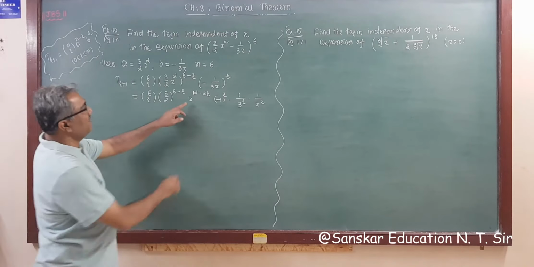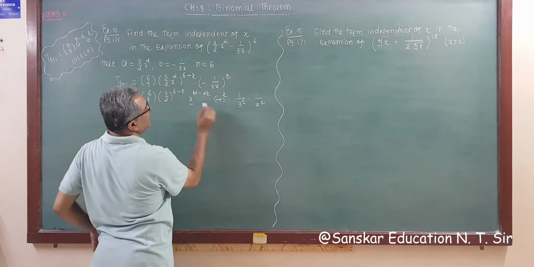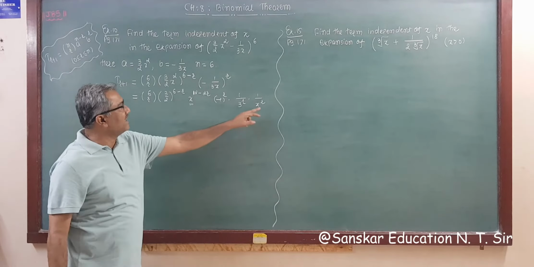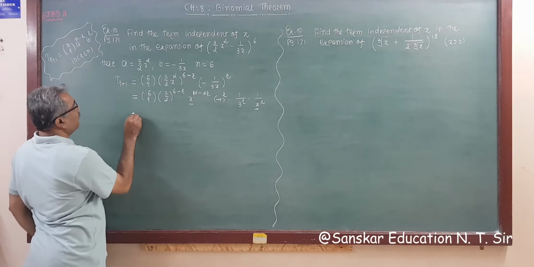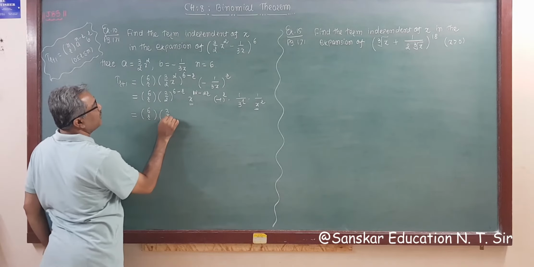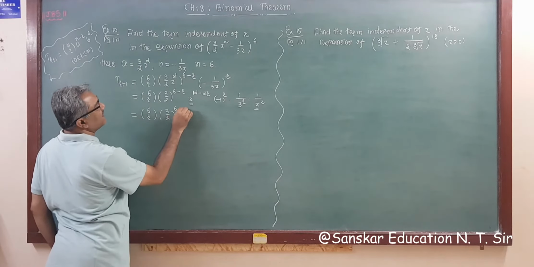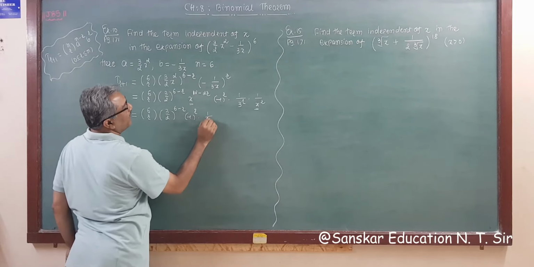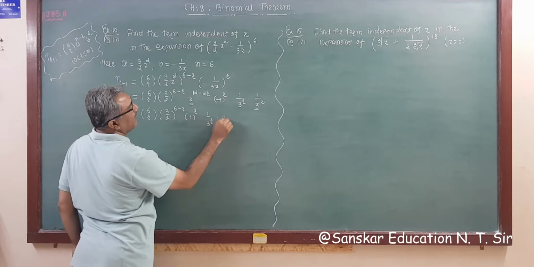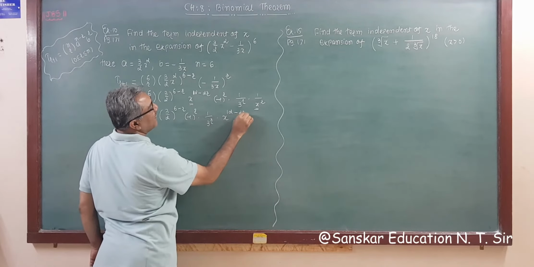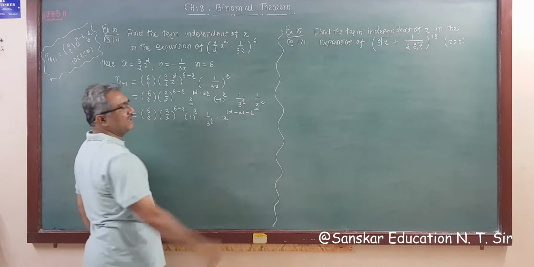Now this x and this x have the same base, so taking this power to the numerator, it becomes power minus r. So what we get is 6Cr, 3/2 raised to 6 minus r, then -1 raised to r into 1/3 raised to r into x raised to 12 minus 2r minus r.